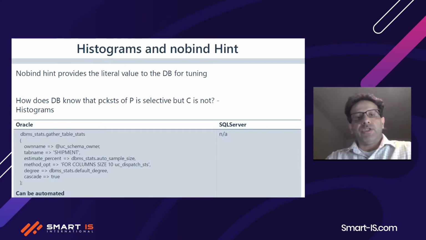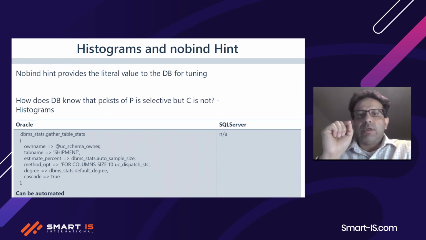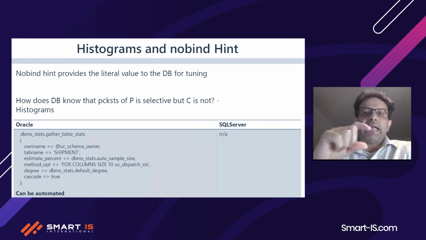There is also what I mentioned earlier about the no bind hint. Some of these histogram concepts are becoming less and less applicable now, because many times the database is able to figure those things out. But in either case, we need to understand that there's a specific SQL in integrator that looks for events in completed status or incomplete status, but it's the same API that gets called.